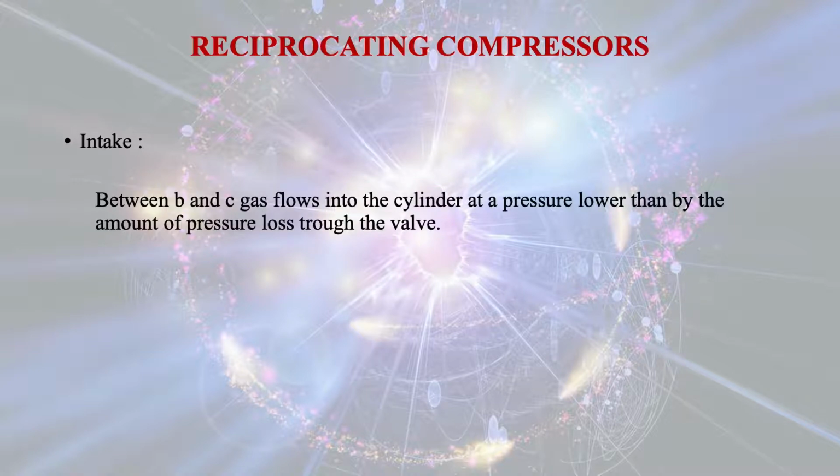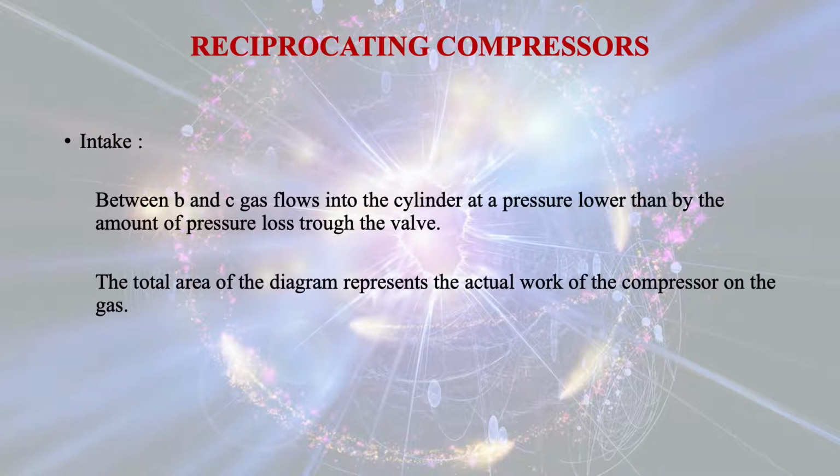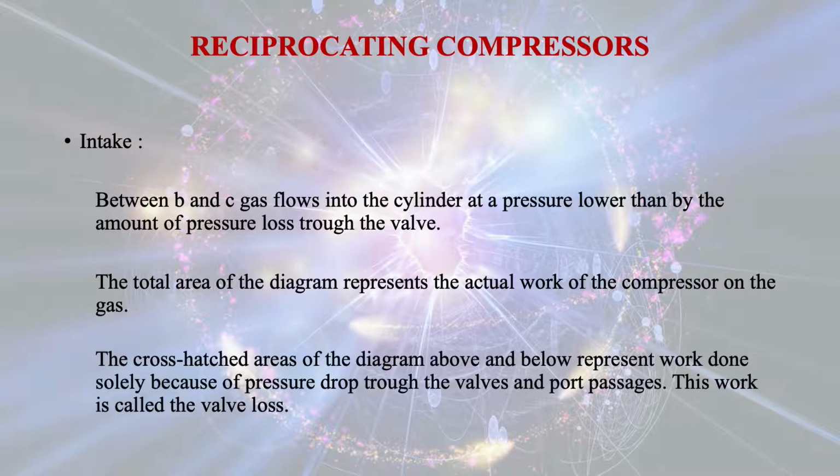Between B to C, the gas flows into the cylinder at a pressure lower than the inlet pressure by the amount of pressure lost through the valve. The total area of the diagram represents the actual work of the compressor on the gas. The cross-hatched areas of the diagram above and below represent work done solely because of pressure drop through the valves and port passages. This work is called the valve loss.